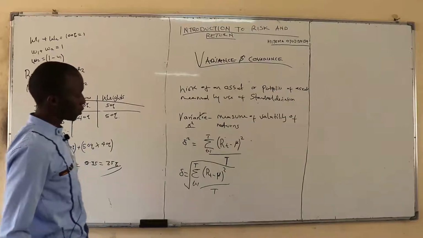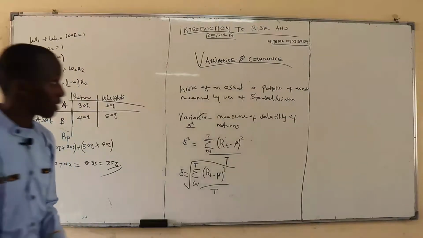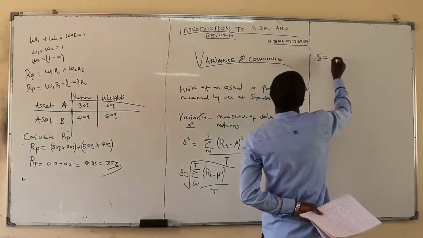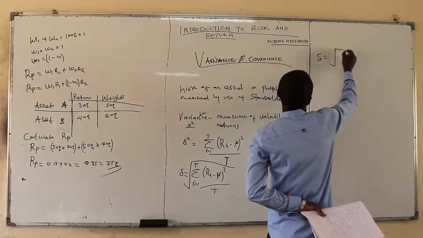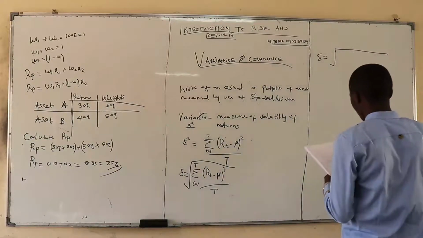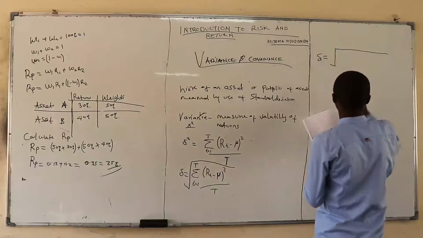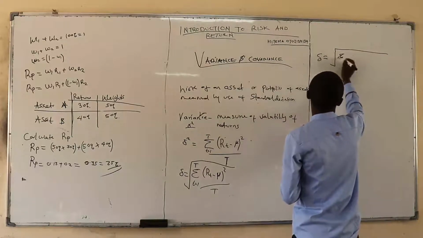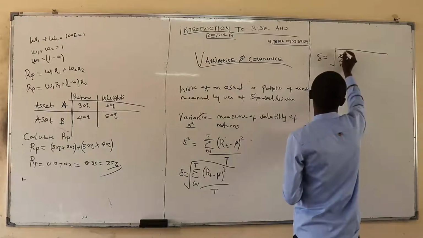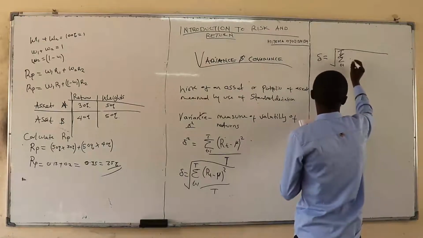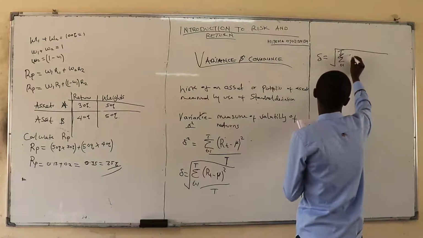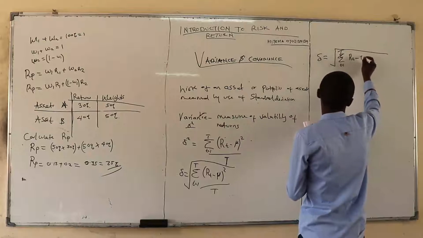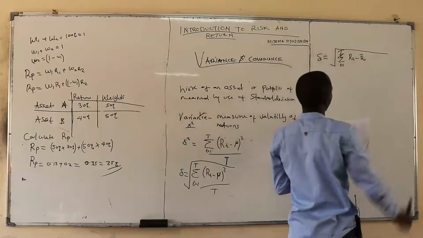Now, what if it was a sample? For a sample, the standard deviation would be the square root. This is where there is a sample of returns, and there is no specified period of time. So this is the summation of t from 1 to T, the return of that period, minus the mean return.